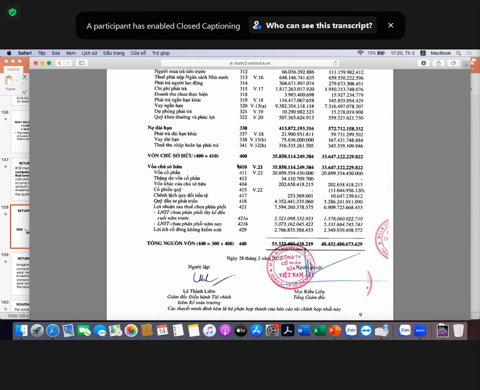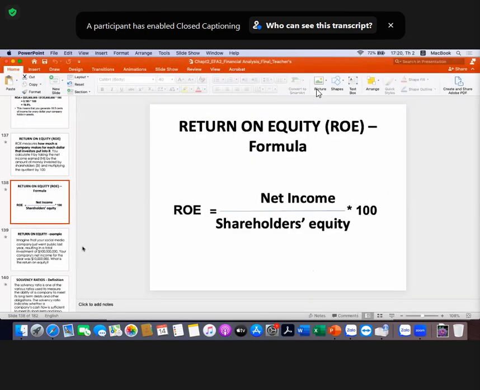So it means Vinamilk generates 29 or 33 đồng in profits for every $100 invested. And in short, the profitability ratio consists of 5 ratios: gross margin, net margin, return on capital employed, return on assets, and return on equity.